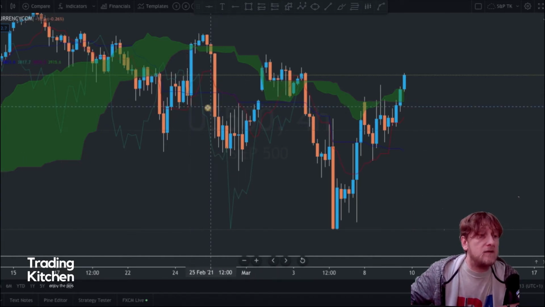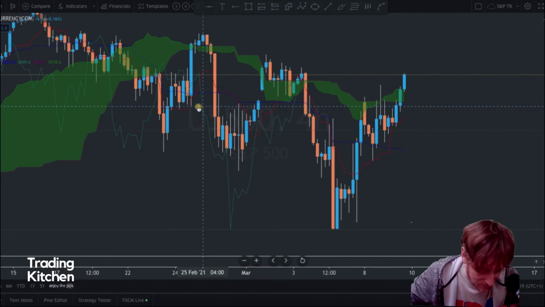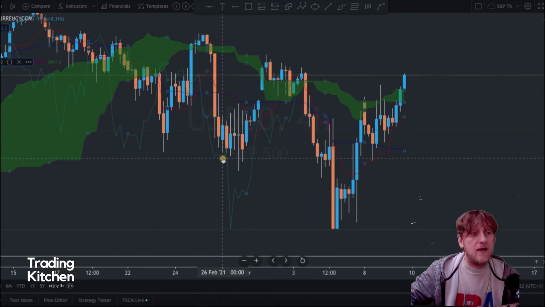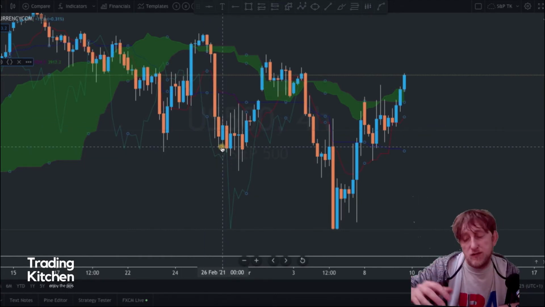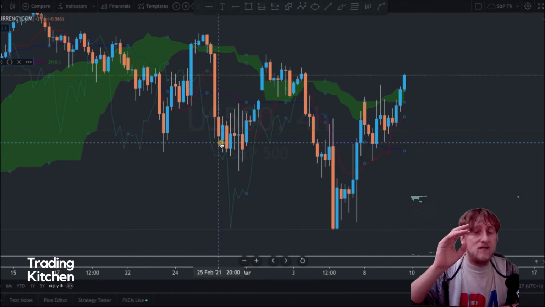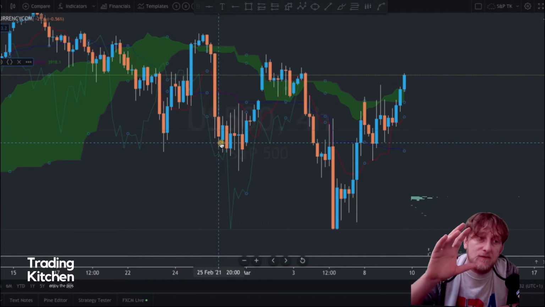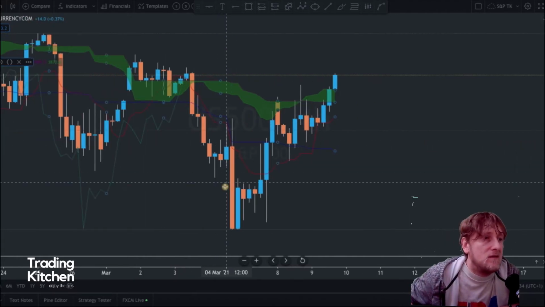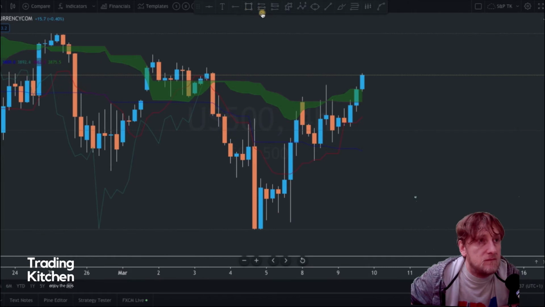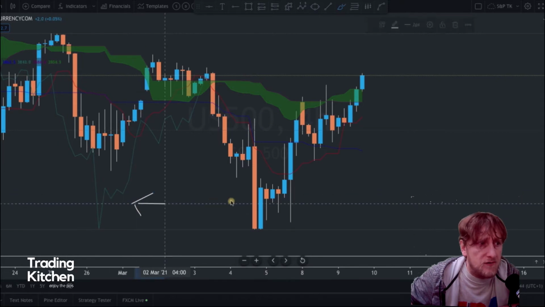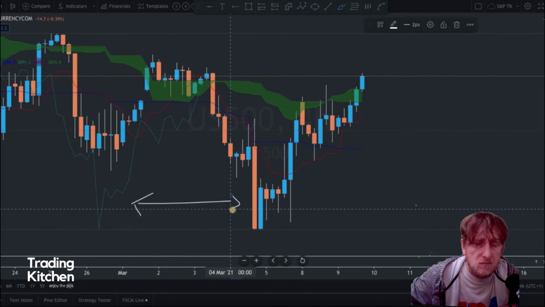The third line, the green line, I always forget the name. We can call it the Ichimoku line. It is just a mirror of the price, as you can see, just a mirror of 26 periods above, I suppose.